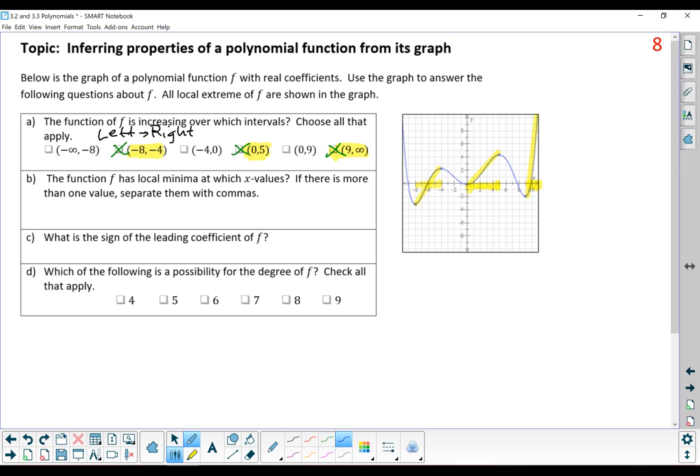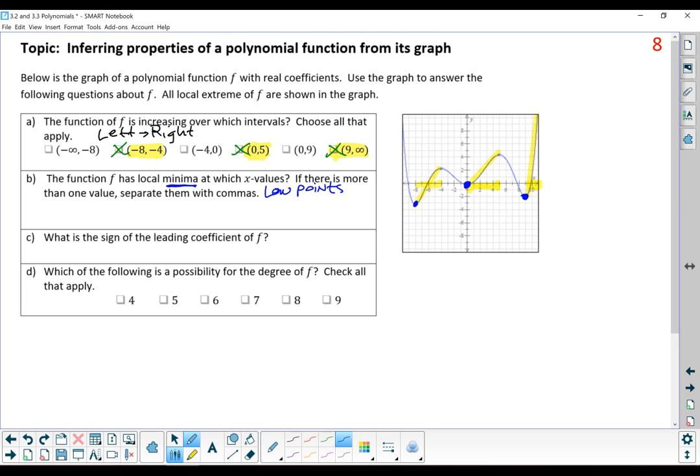All right, the next topic asks for local minima. So make sure you find only the minima, not the maxima, or vice versa if it asks you for the maxes. Our minima are low points on the graph. They don't have to be the lowest. They just have to be a low point in their region.